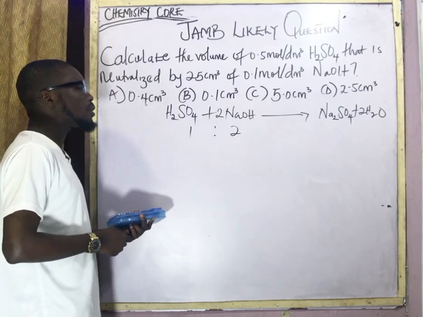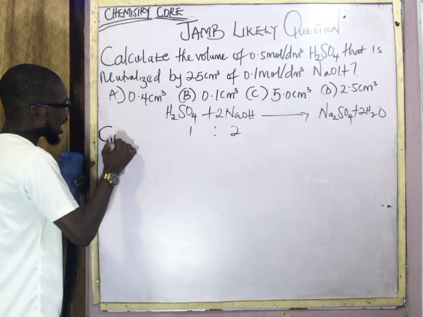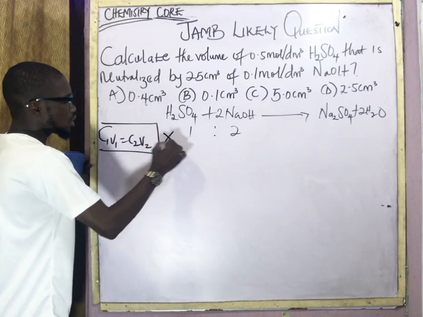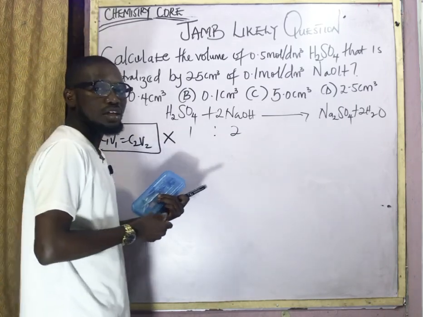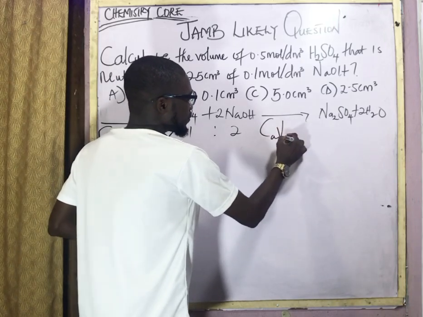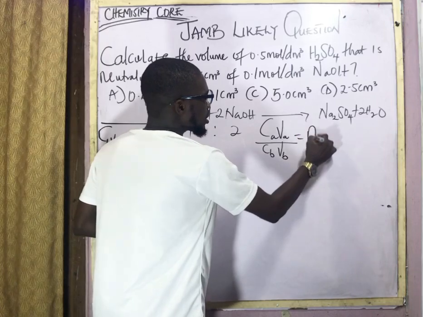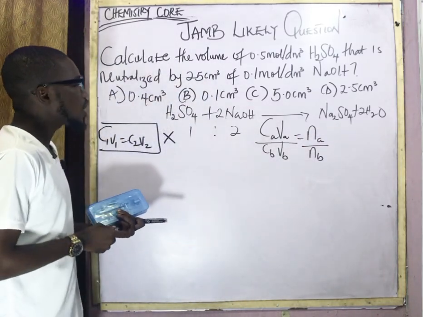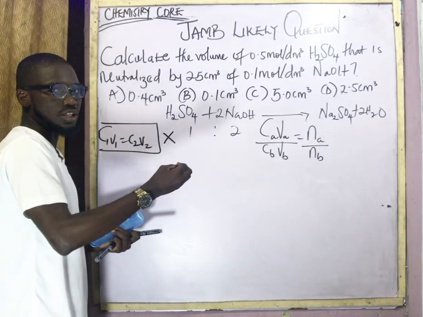Now, which formula are we going to use? Let's say we have this C1V1 equal C2V2. This formula is wrong to solve this type of equation. Rather, the best formula to use for this question is CA VA over CB VB equal NA over NB, because we are asked to calculate the volume of the acid.